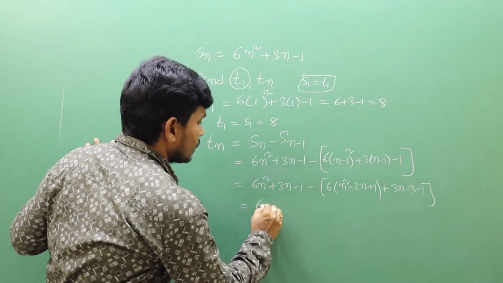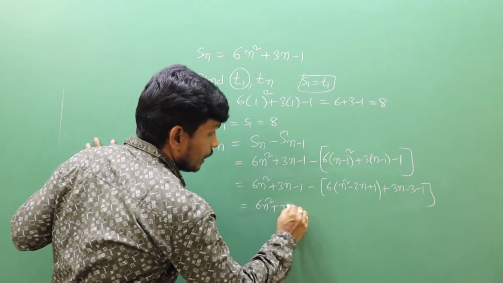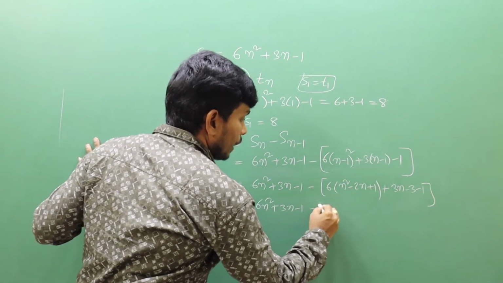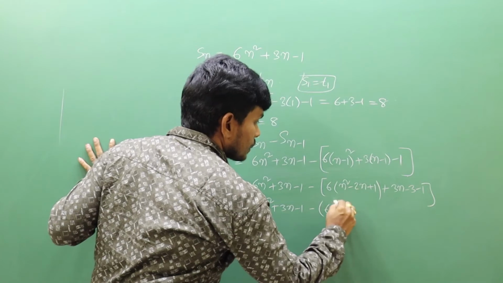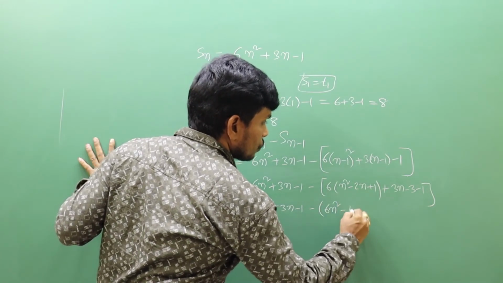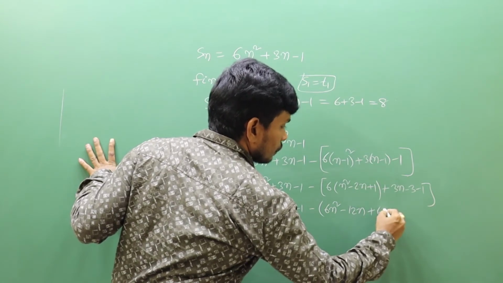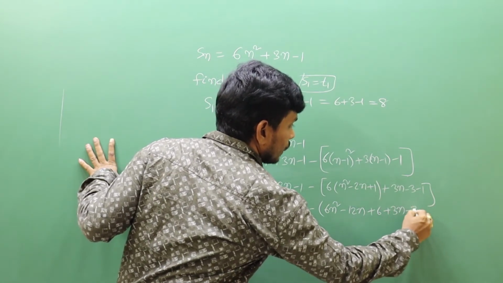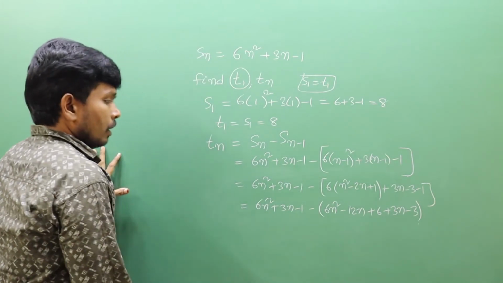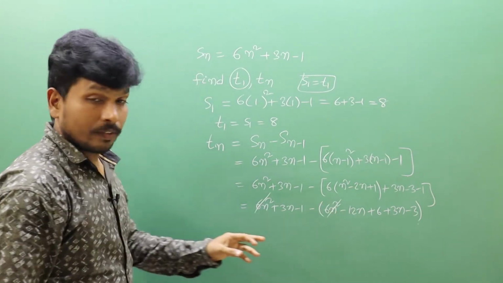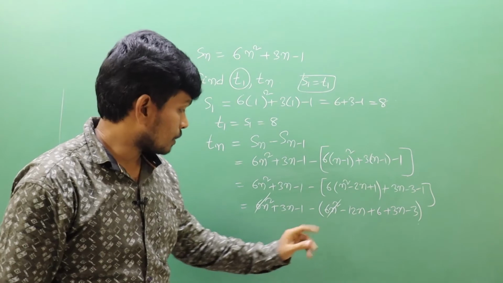Now observe here, 6n square plus 3n minus 1 minus of 6n square minus 12n plus 6 plus 3n minus 3. Now 6n square cancels because minus into plus is minus.